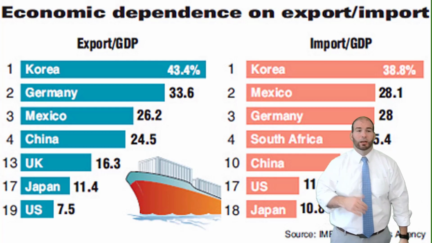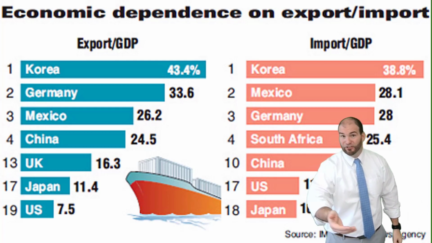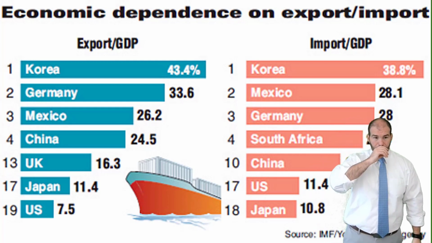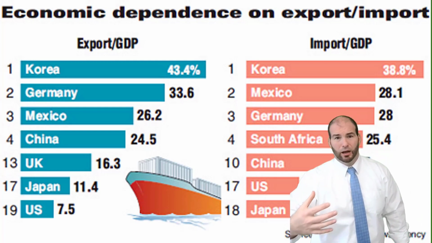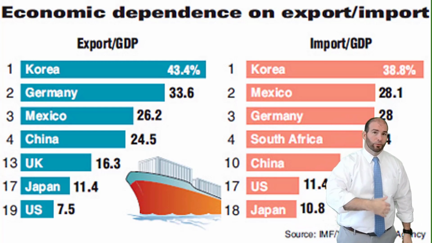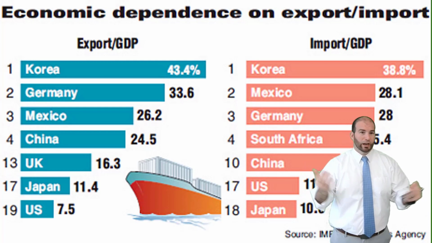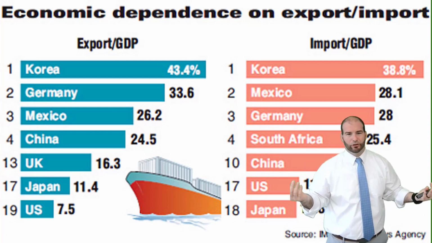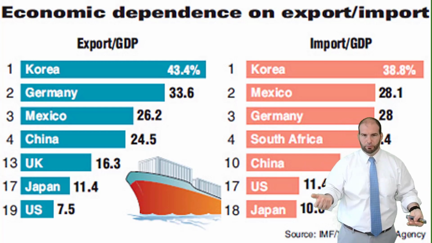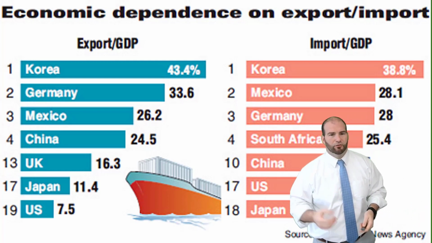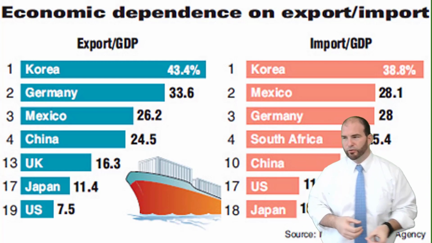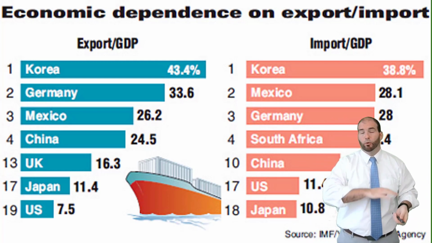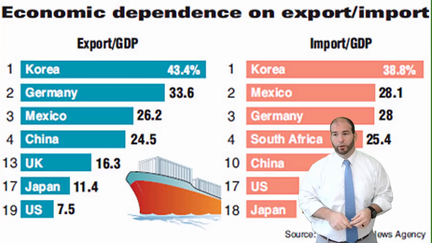So while we definitely have a trade deficit, where we import considerably more than we export, it's still not even 20% of our total GDP. So if countries started to stop trading with us, it would hurt us economically, but it wouldn't be catastrophic.